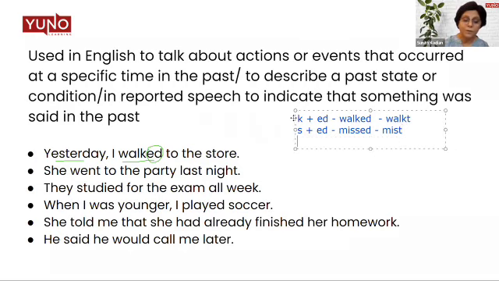Another one is when a word ends with an f sound. GH also has an f sound. For example, if I use the word laughed. It's not laugh-ed, everyone laughed at me.